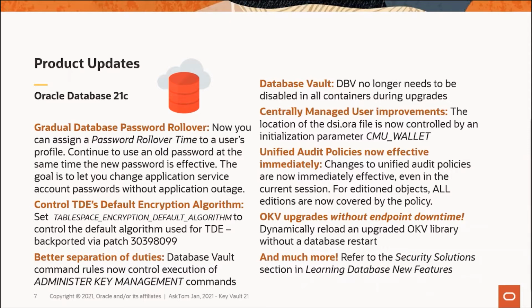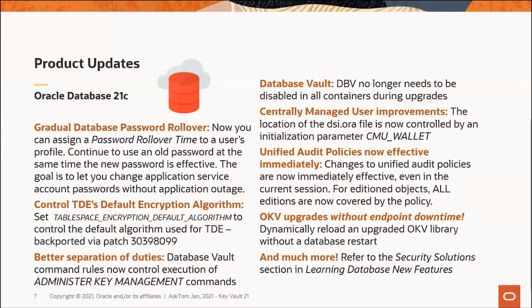For a brief period of time, whatever you set this parameter to, both the old and new passwords will continue to work. If you use this parameter on password profiles assigned to service accounts where you need time to go out and change passwords in application servers, this will allow you to do that without requiring any downtime at all in the application. So look for that in Database 21c.